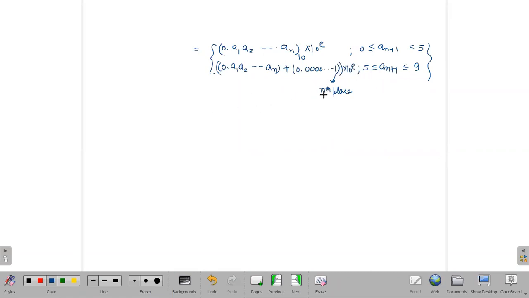Now again you can see I have added 5 here, in this case only, but it is not a proper definition actually. If an plus 1 is equal to 5, there is another definition, but I include it in this one. If an plus 1 is equal to 5, then you have another case.